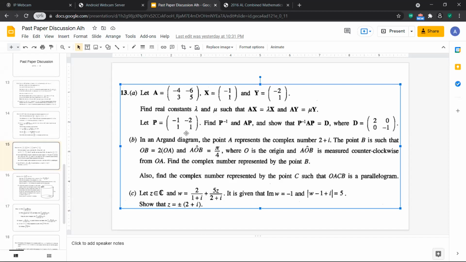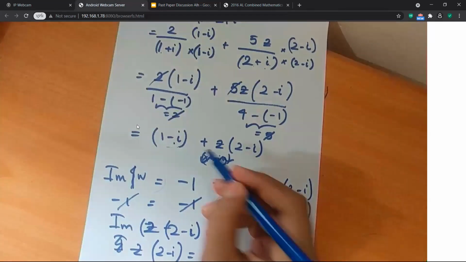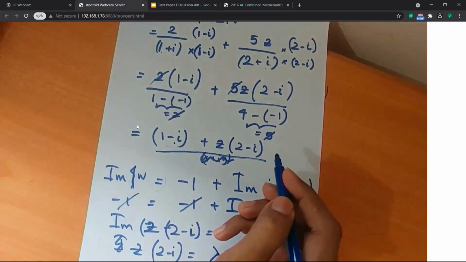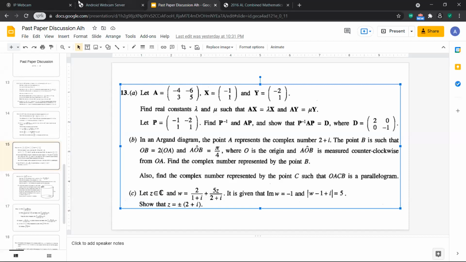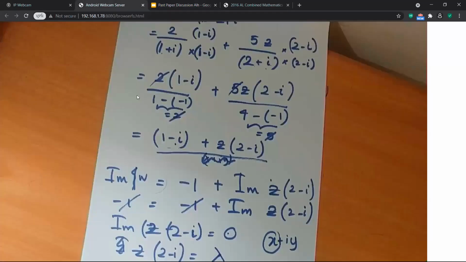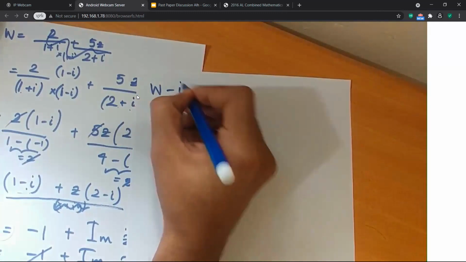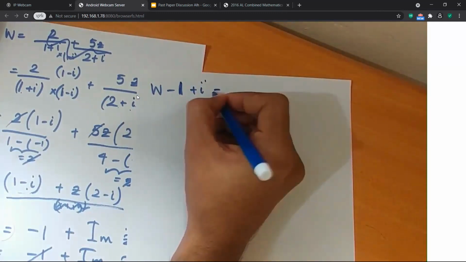This is w, and we simplified this as well. So what is w minus 1 plus I? Let's see.